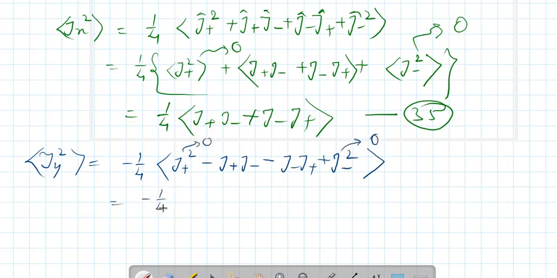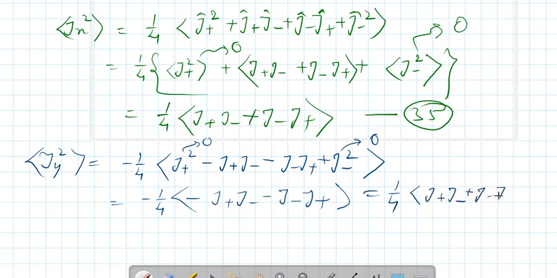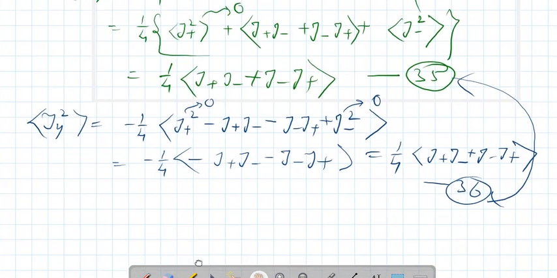So it is minus 1 over 4 times minus the expectation value of j plus j minus plus j minus j plus, and minus can be taken outside. This is equation number 36. So these two equations ensure that the expectation value of jx square is equal to that of jy square.